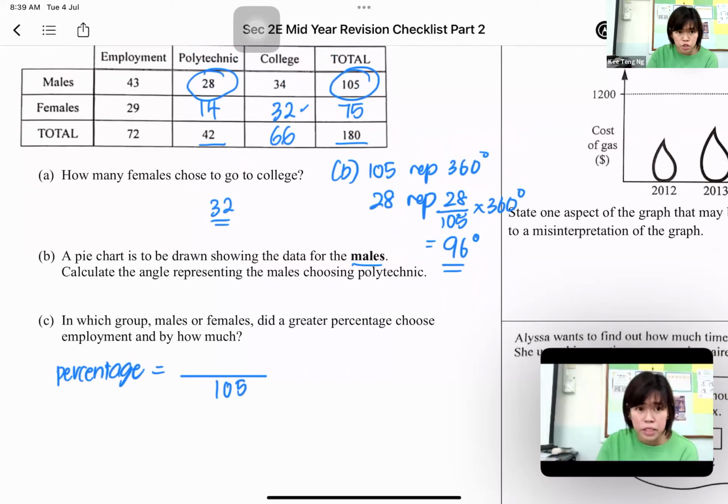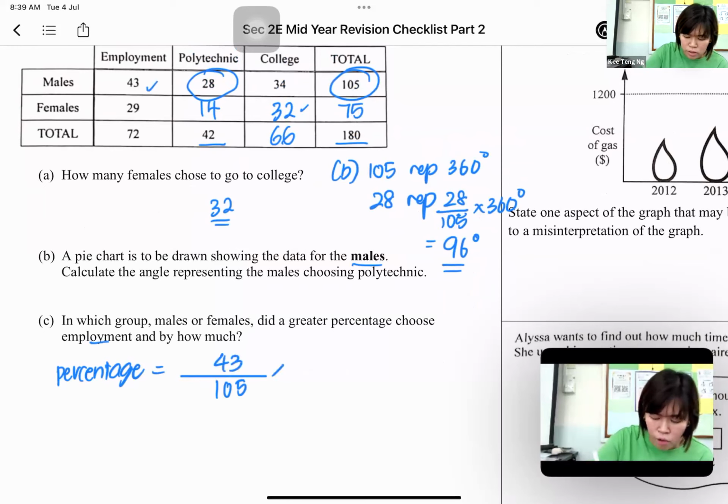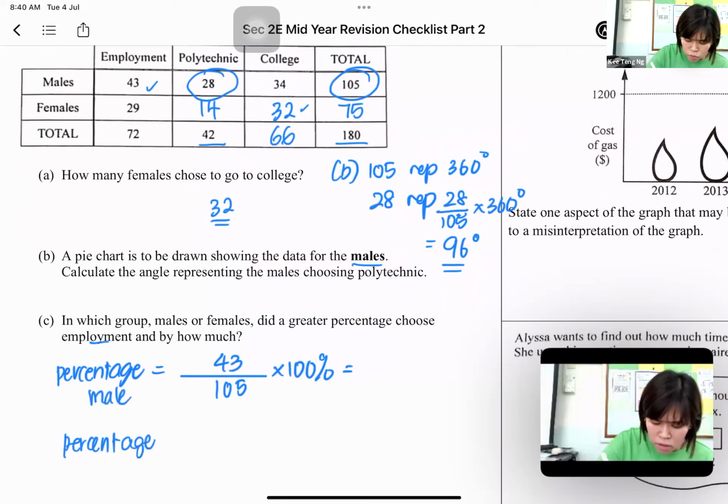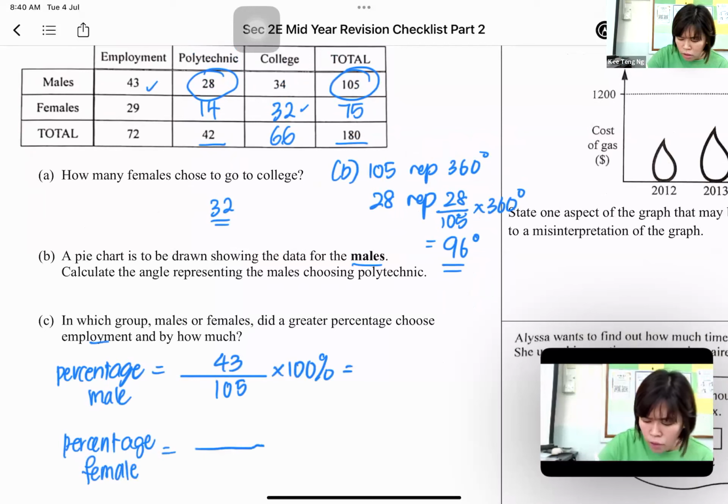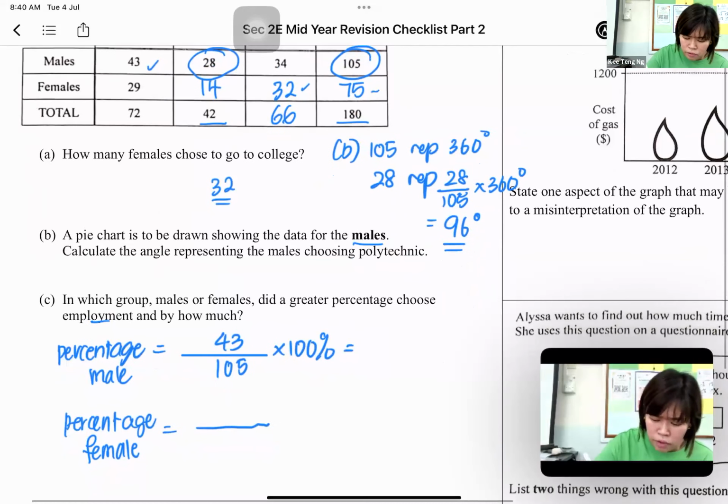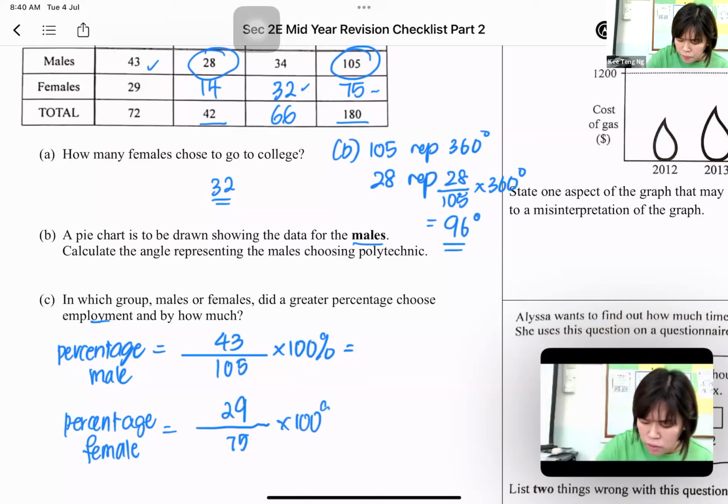The greater percentage choose employment. Employment will be 43 out of 105 times 100%. For my percentage for female, this one is male, this will be female who chose employment. Out of a total of 75 female, 29 of them chose employment.